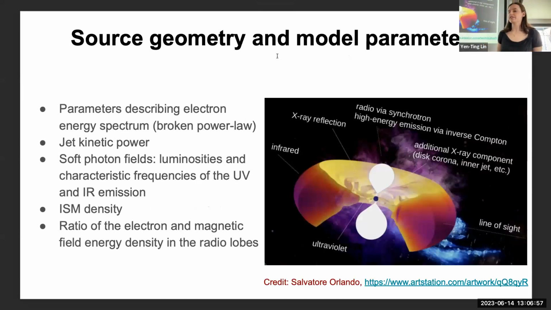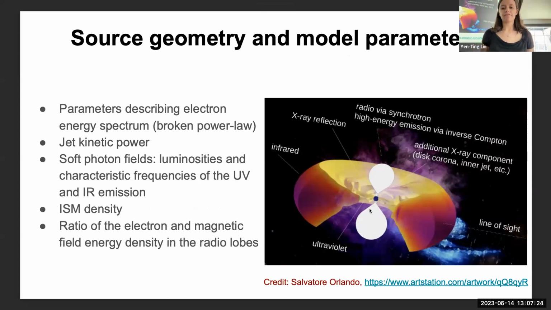So in general, the parameters of our model can be described. I will try to describe them using this picture. First of all, we have the radio emission of the radio lobes, which is produced by synchrotron radiation of the injected electrons. We describe the energy spectrum as a broken power law. It also depends on the jet kinetic power.